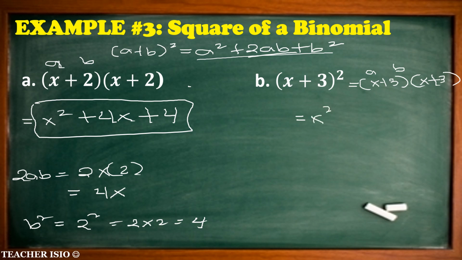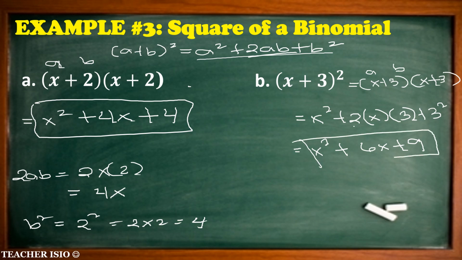Next, 2ab plus 2 times our first term x and our b, which is 3. Next, we have square the second term, which is 3. So we have plus 3 squared. And then we're going to simplify. We have x squared plus, what is 2 times 3? We have 6x plus 9. So this is now the answer.